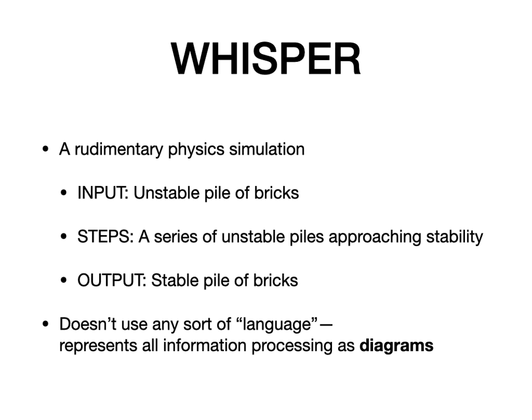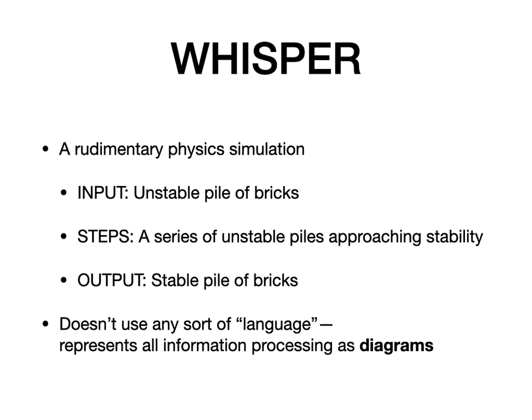Whisper is a physics simulation. And here's what you input into Whisper: an unstable pile of "bricks," I should put that in quotes, represented by symbolic values in an array, in an input, right?